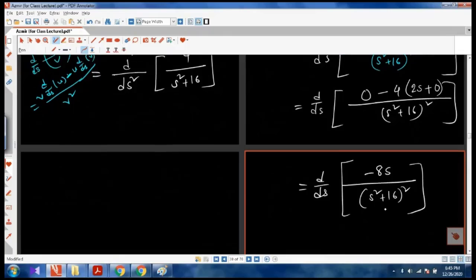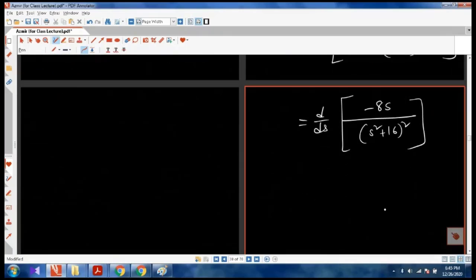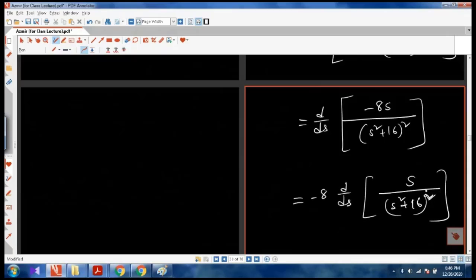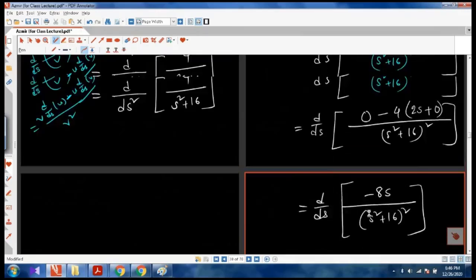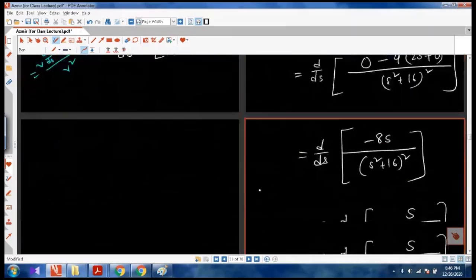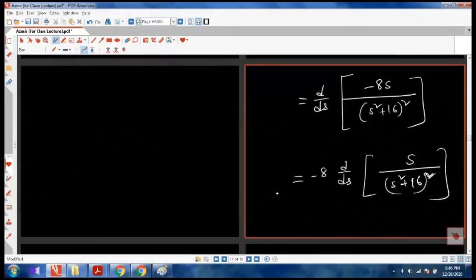Do you have any confusion? We are just differentiating. No, sir. Now minus 8 is constant. We can pull out minus 8 here. So minus 8 d/ds of s over s squared plus 16 whole squared. Again, it is of the form u by v, so again we can do the same thing.